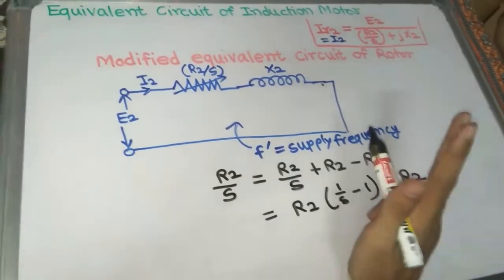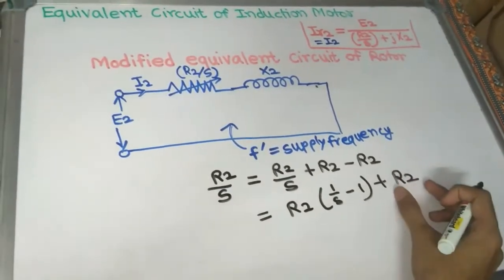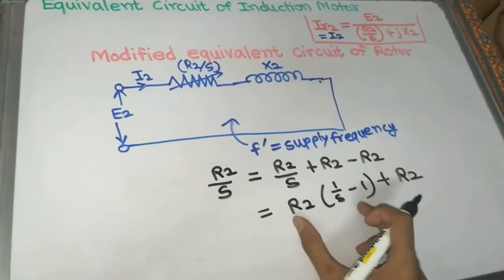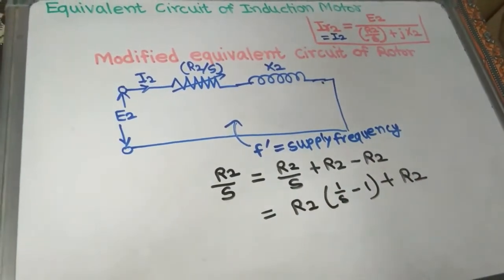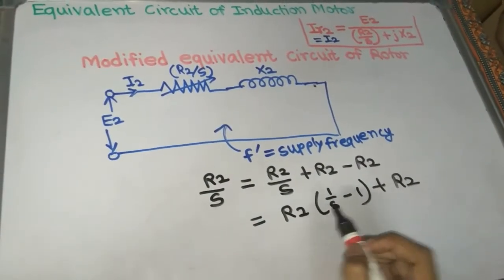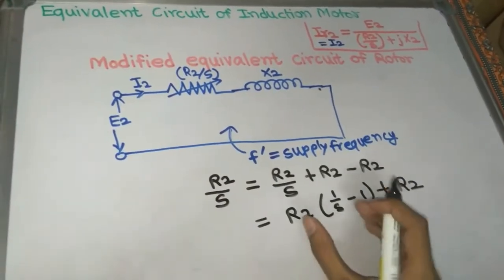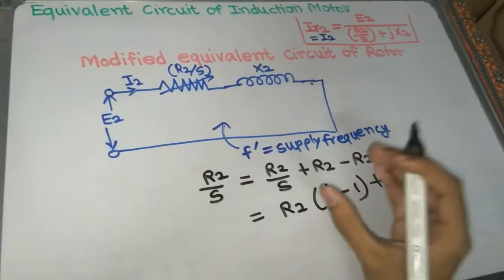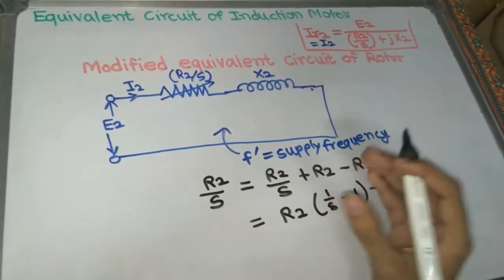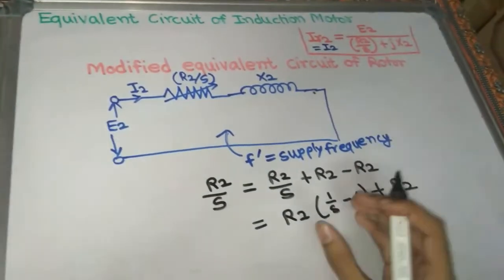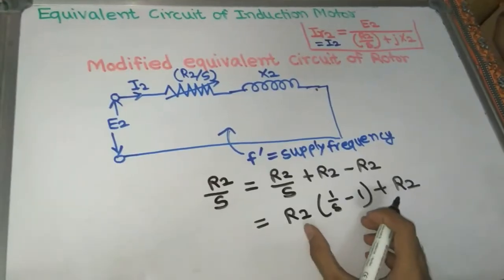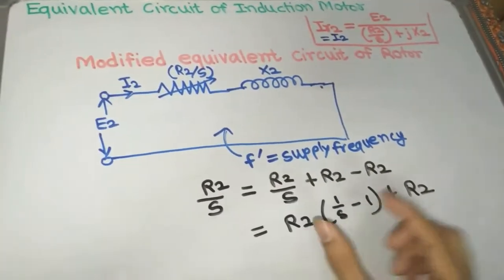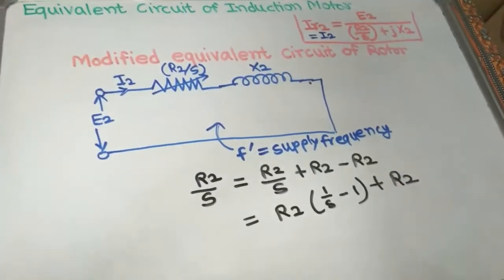So we have two rotor resistances here. One is the constant rotor resistance per phase, and the other is varying, which is the equivalent electrical load of the mechanical load, or we can say the electrical equivalent of mechanical load.